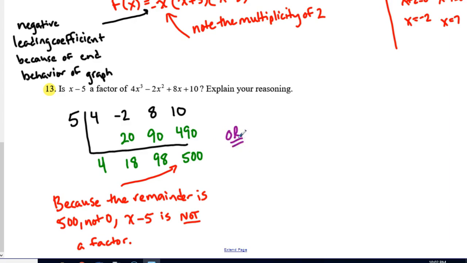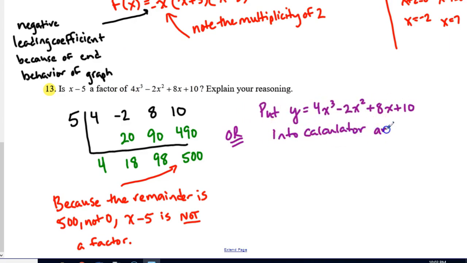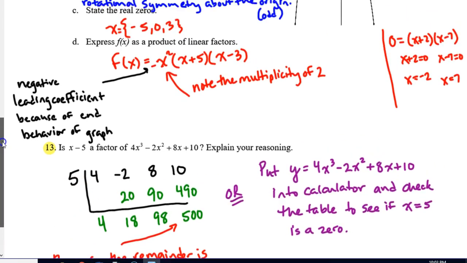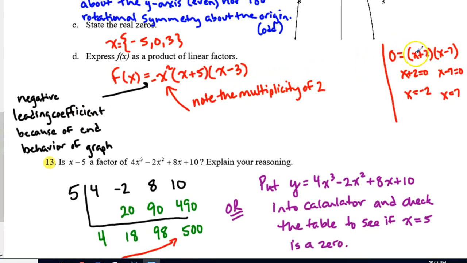If you don't like that method, or you just want another way to put a connection in, and you should, we're going to basically turn this expression into a function. Making a connection like we did before, if x plus 2 is a factor, x equals -2 is a 0.